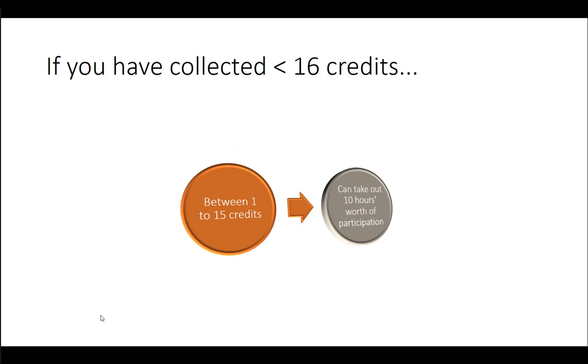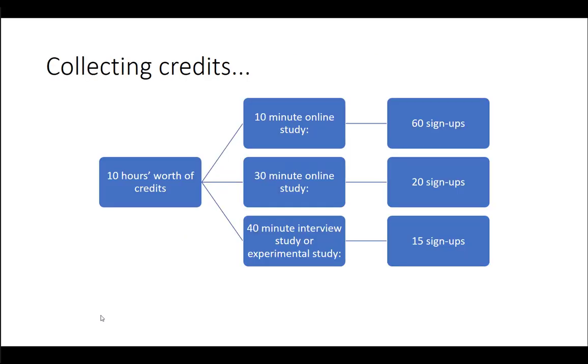If you have collected between 1 to 15 credits yourself, you can't have the full 25 hours worth of research participation credits, but you can take out 10 hours worth of credits. What that would look like is, if it was a 10-minute study, you could have 60 sign-ups. If it's a 30-minute study, you could have 20 sign-ups.